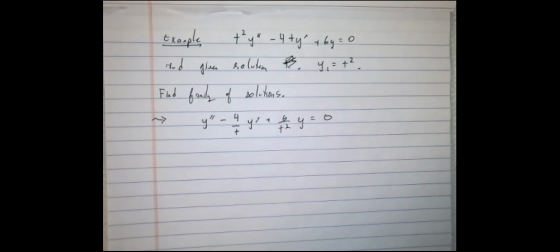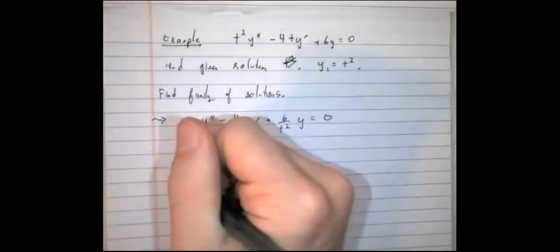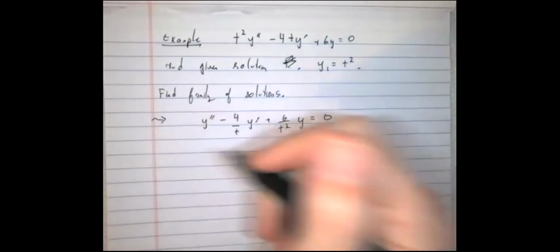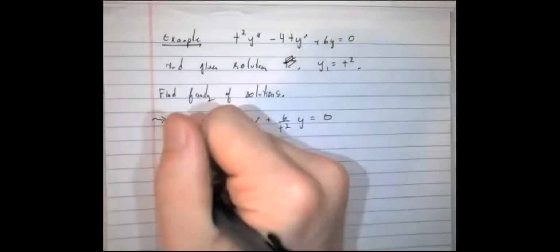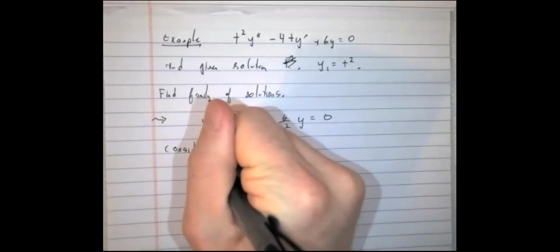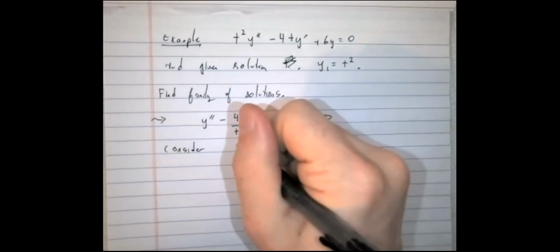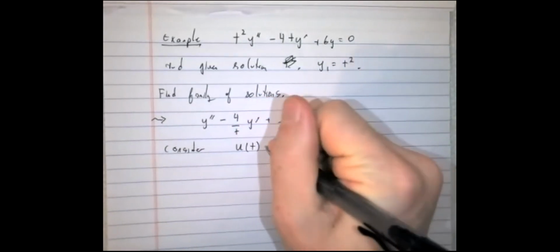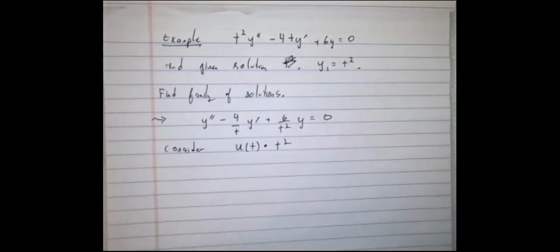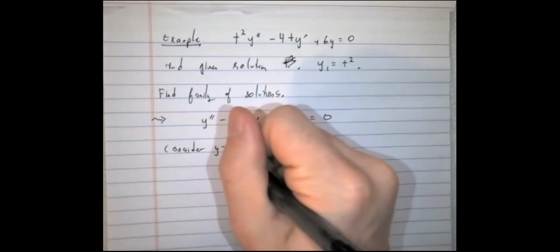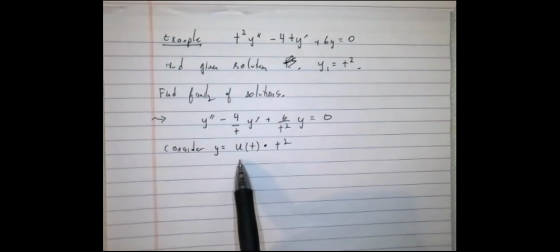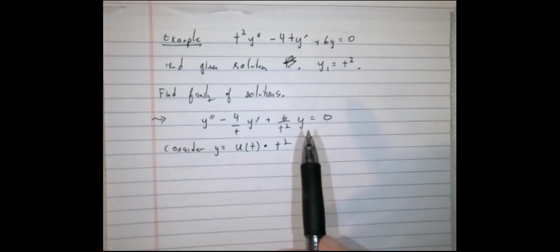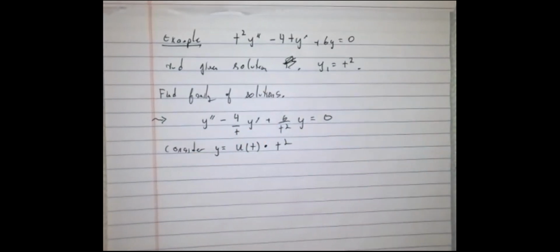And then from the previous page, well, okay, so now consider u of t times t squared. And what we want to do is plug this into this equation and see what we obtain.